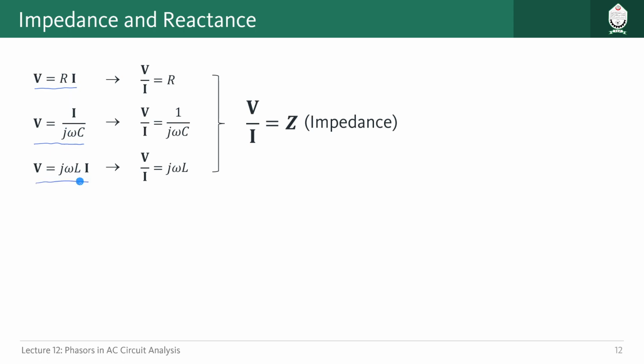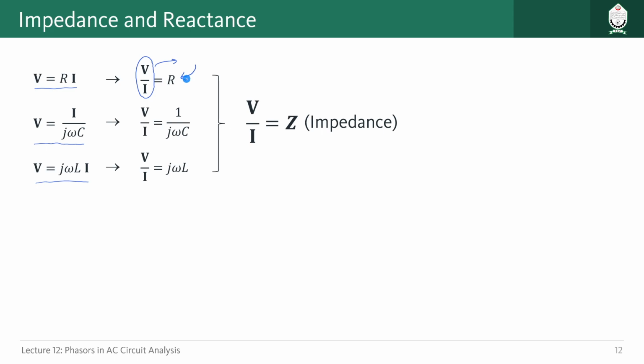All of them can be represented in terms of voltage divided by current, which is coming from Ohm's law. We always say that the resistive property of an element can be represented by the voltage across that element and the current going through that element. This is exactly your Ohm's law.